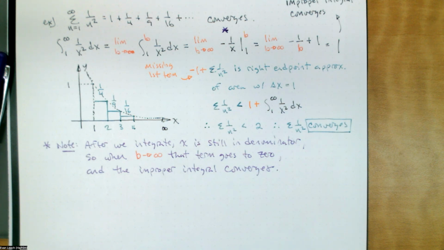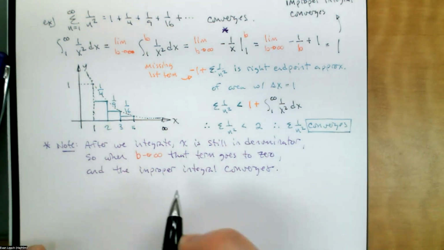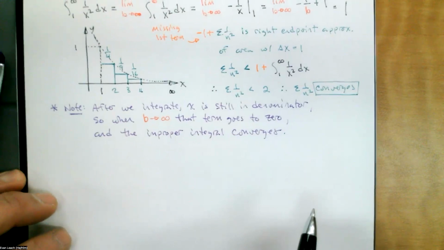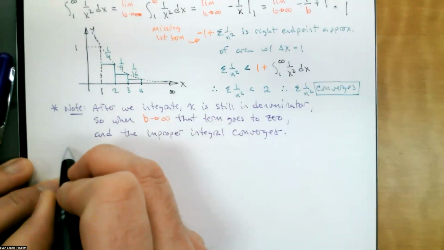This is why the harmonic series is so cool, because the harmonic series is the boundary of this happening. The harmonic series sits right at the boundary of what happened right here. The harmonic series is right at the boundary of this adding of x being in the denominator.